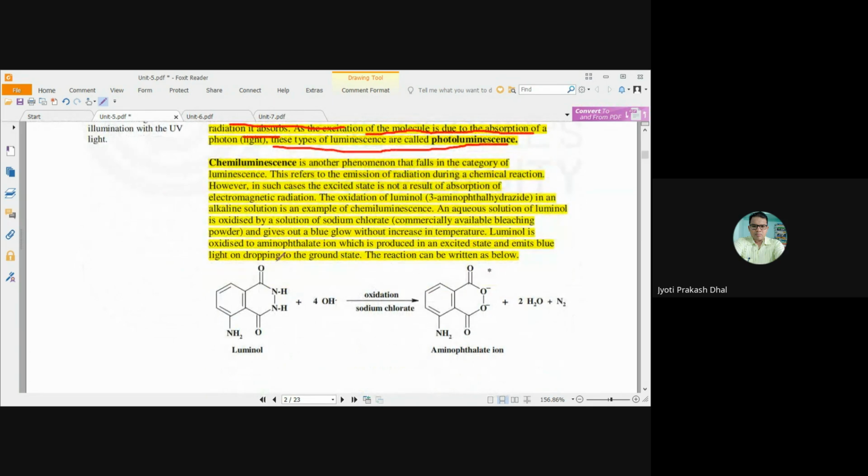Now coming to chemiluminescence, another phenomenon that falls under this category of luminescence. This refers to emission of radiation during a chemical reaction. However, in such cases, the excited state is not a result of absorption of electromagnetic radiation; rather, the excited state is achieved by a chemical reaction.